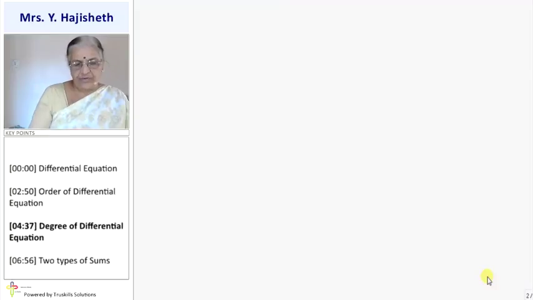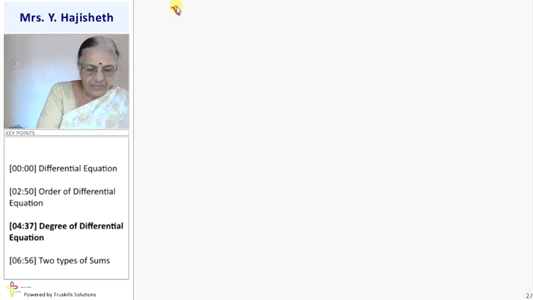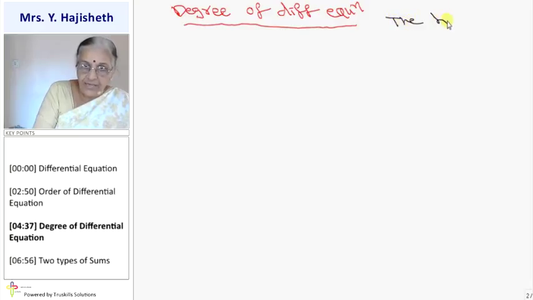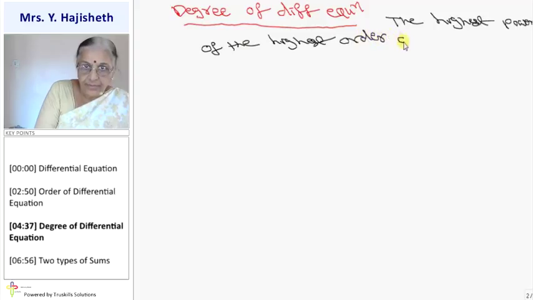Now degree of differential equation. The identity of a differential equation is defined by these two, degree and order. How can I define degree?